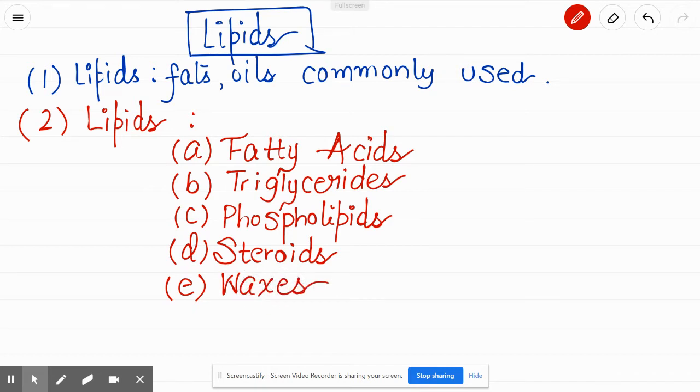So these are the 5 types of lipids that we will discuss more about on the next slide.